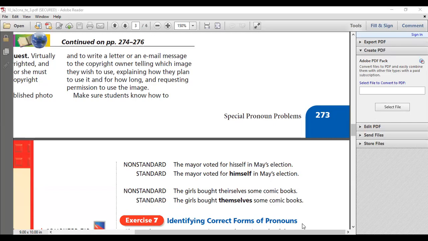Number 14. Let's please hear from Noor Mehdi. The guests helped themselves or their selves to the appetizers. What would you choose, Noor?